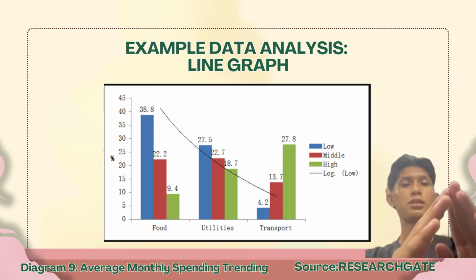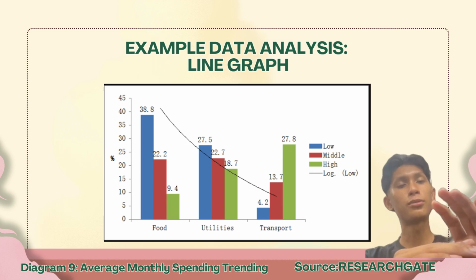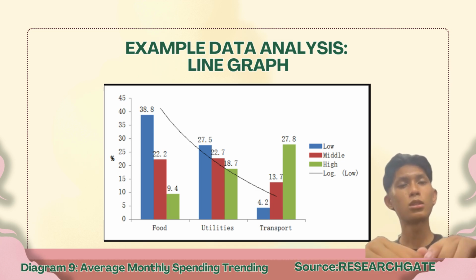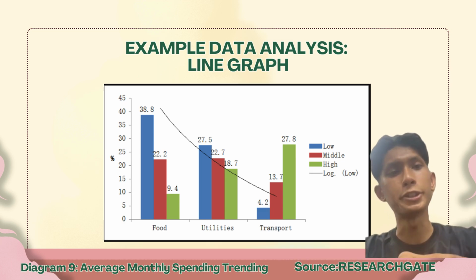In contrast, transport rises from 4.2% to 16.7% and 27.8%. Overall, lower income spend more on food, while higher income spend more on transport.